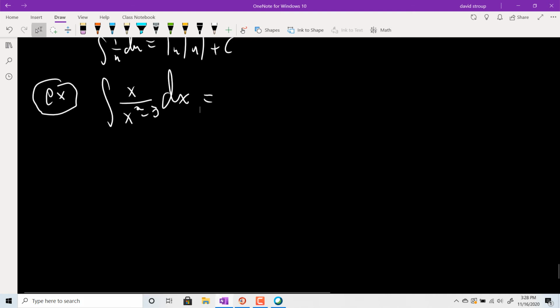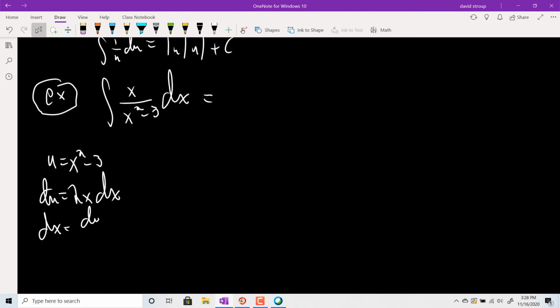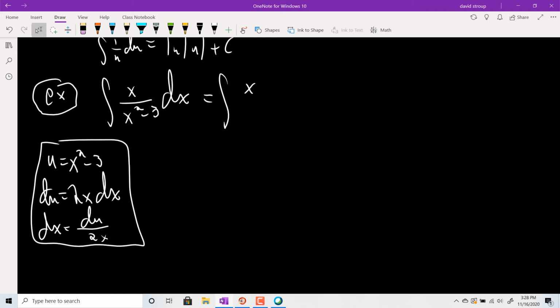So u sub on the x squared minus 3. So du will be 2x dx, and then dx will be du over 2x. So our integral will become the integral of x over u times du over 2x. Nice cancellation amongst the x's.